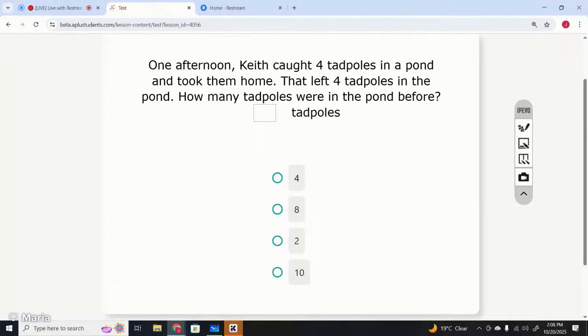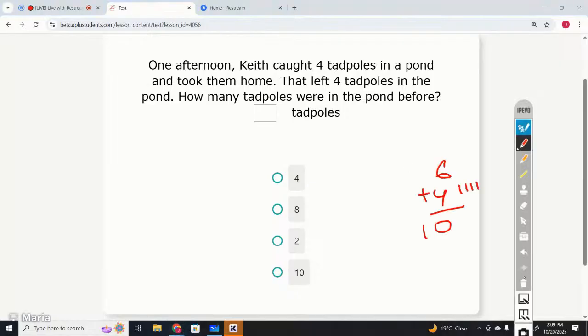One afternoon, Keith caught 4 tadpoles in a pond and took them home. That left 4 tadpoles in the pond. How many tadpoles were in the pond before? You need to add 4 plus 4 makes 8.